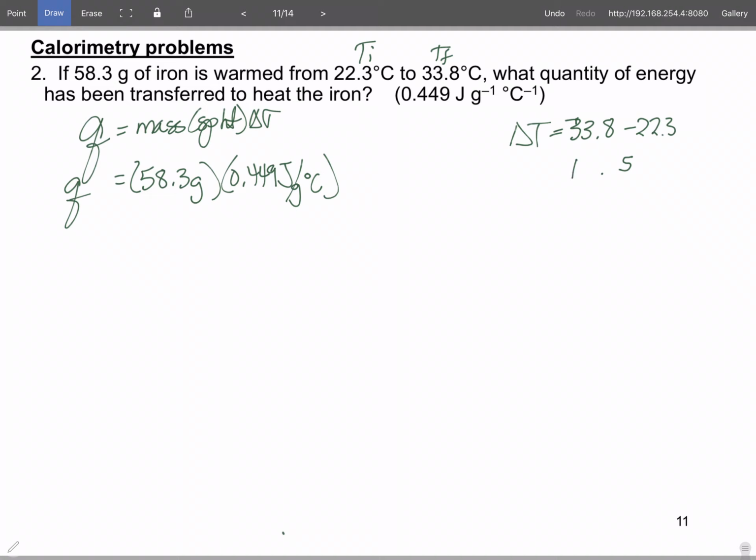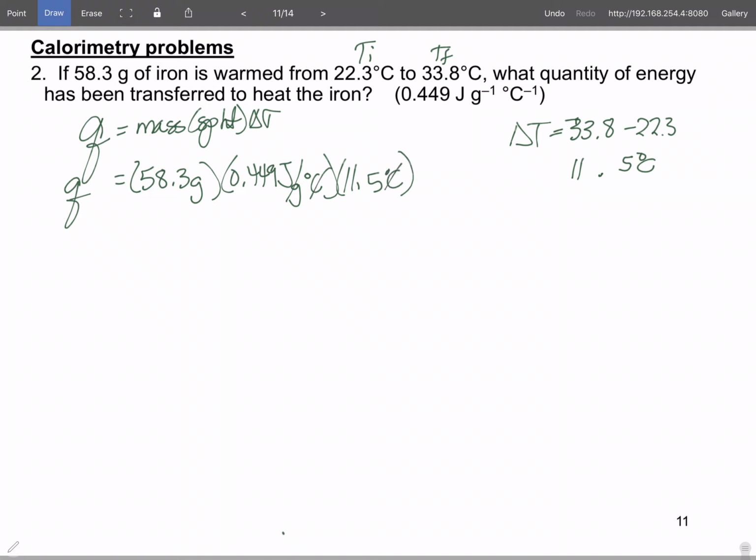So it's 11.5 degrees C. Okay, now, guys, real quick, this happens to be positive. Is it always going to be positive? No. If we had cooled it off, it would start at a higher temperature and go to a lower temperature, and we'll do one of those. So remember, the sign is strictly directionality.